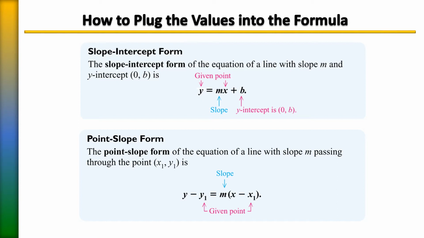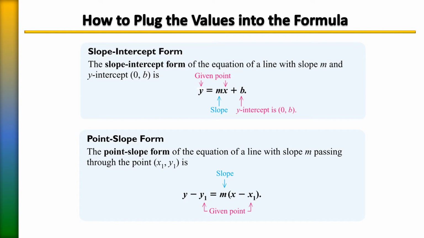What you're going to do is plug your given ordered pair, the x and y, into the sub 1 points. The y of your ordered pair, you're going to plug it into the y sub 1's place. The x value of your ordered pair, you're going to plug it into x sub 1's place.